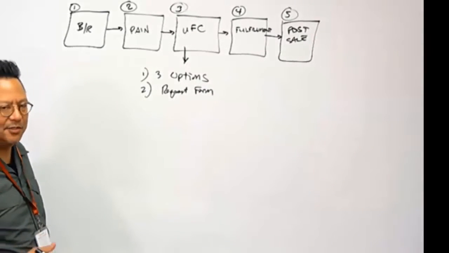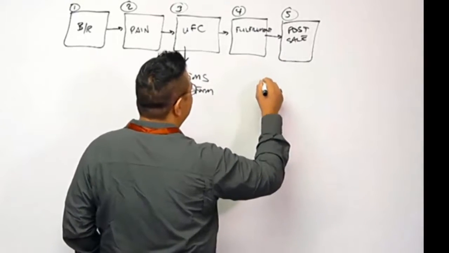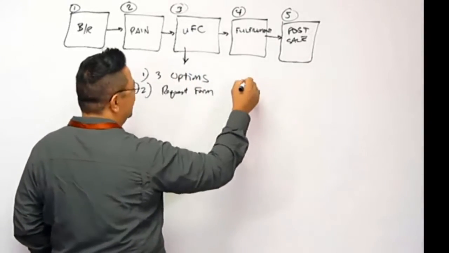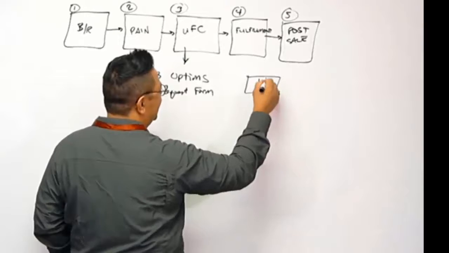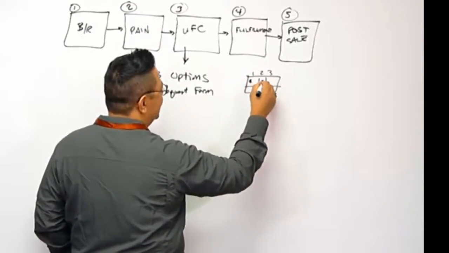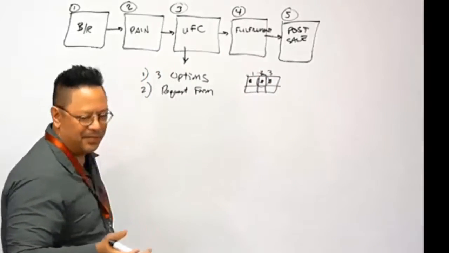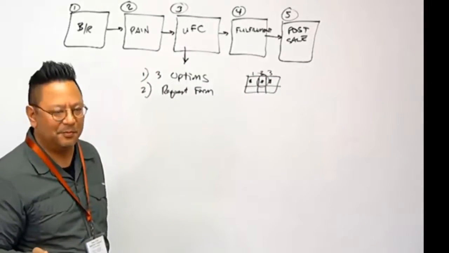What I like to do is draw it out on the back of the lead. I always use that lead. So I'm going to give you three options, and I'm going to draw option 1, 2, and 3. You're going to pick the one that you want. I'm going to circle the middle one because the majority of them will circle the middle one.